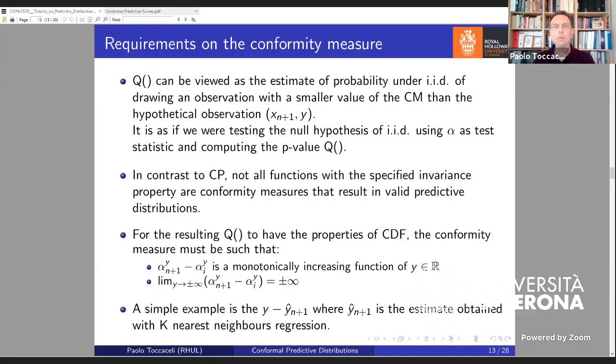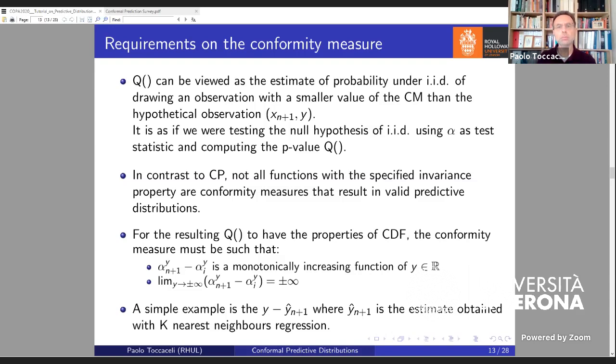So the requirements on the conformity measure, as I mentioned, not all conformity measures lead to valid predictive distributions. And this is a difference with respect to conformal prediction. So first of all, an observation.